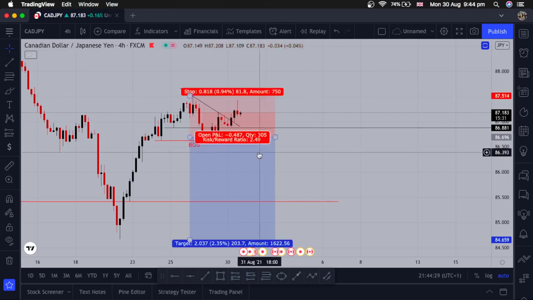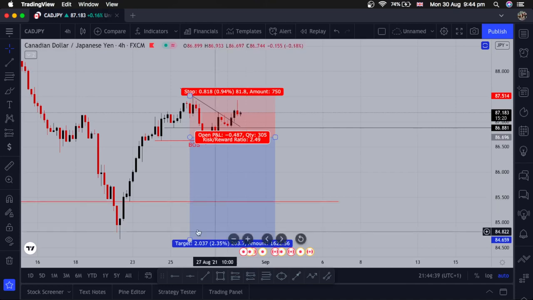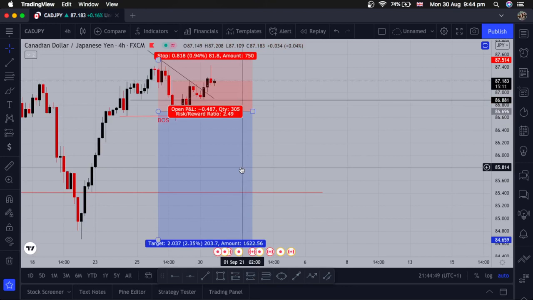I do have an 80 pip stop loss, but our target is 203 pips, so I think that's really worth it. We do have an imbalance right here in the market. That's another confirmation why the market should go down.